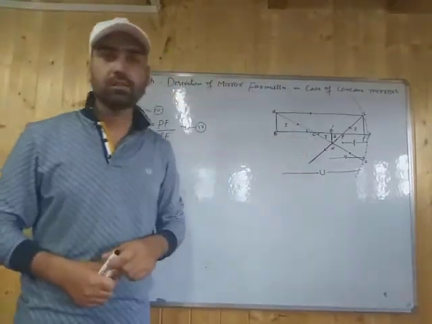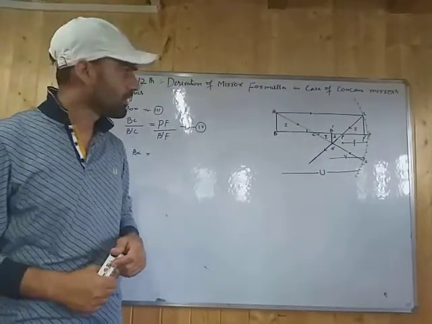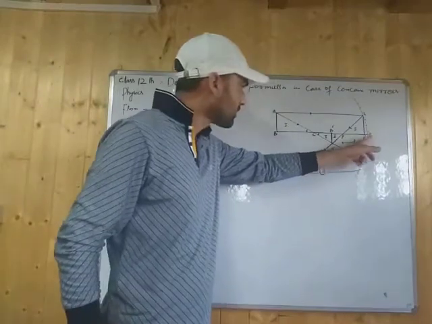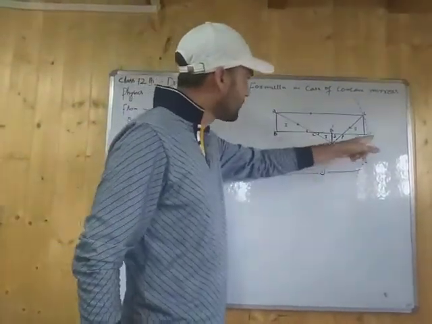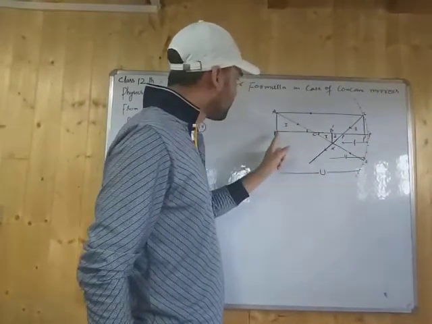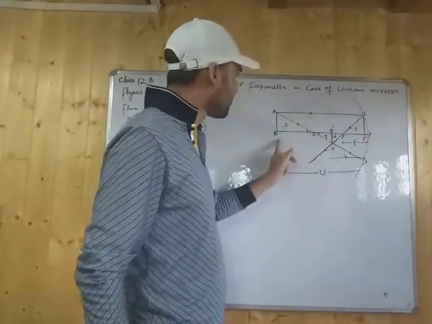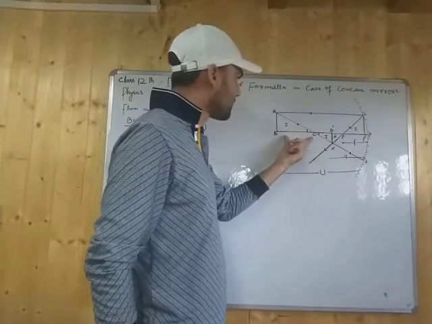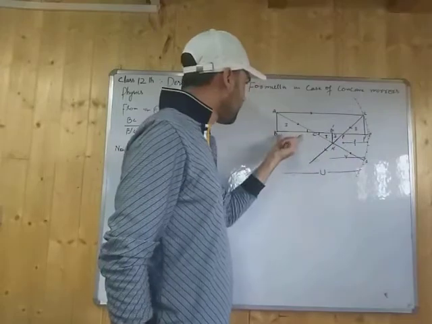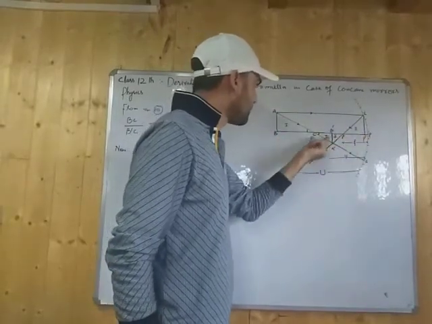We know that all distances are measured from the pole of the mirror, so we have to start from the pole. BC will be equal to PB minus PC.